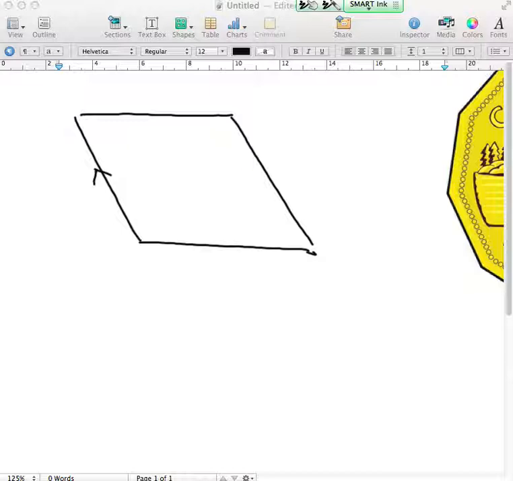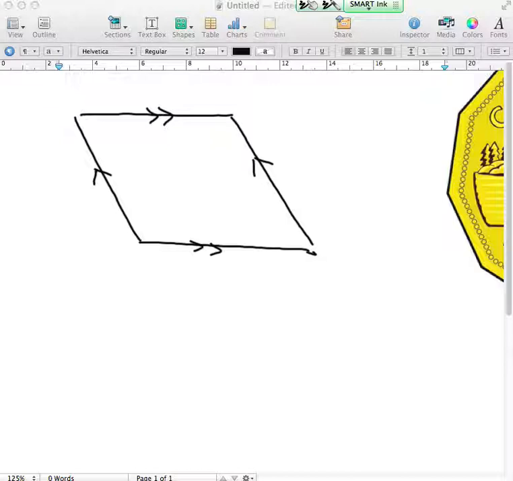Okay, so we know that that line and that line is parallel, and these two are parallel. And what does that look like? It's a square that's been squished, right?